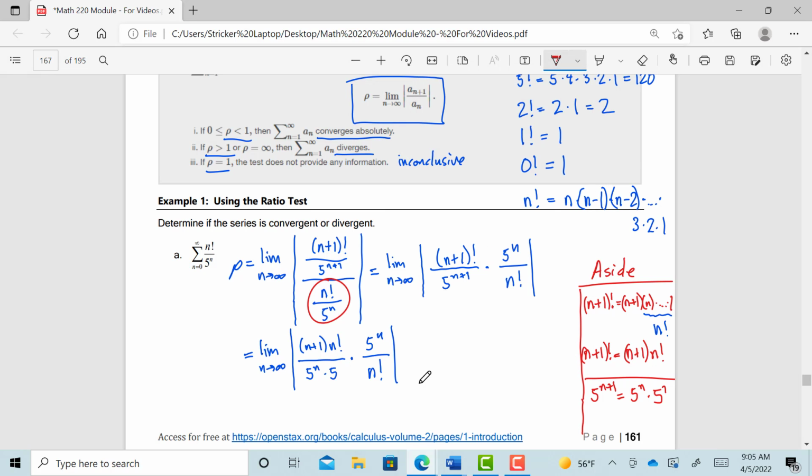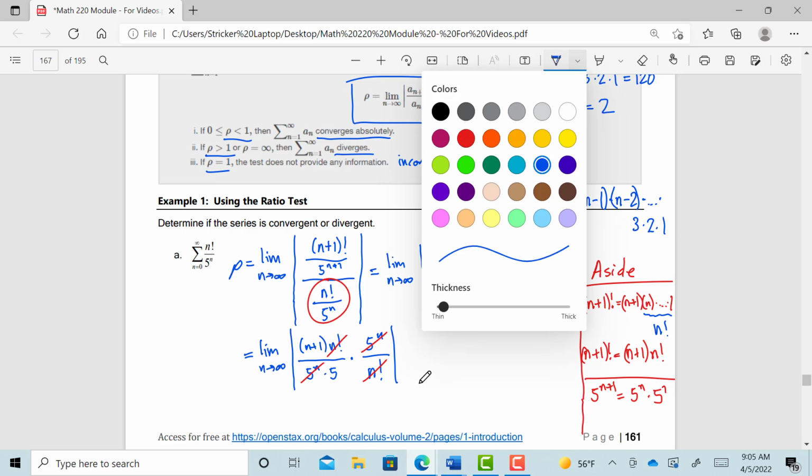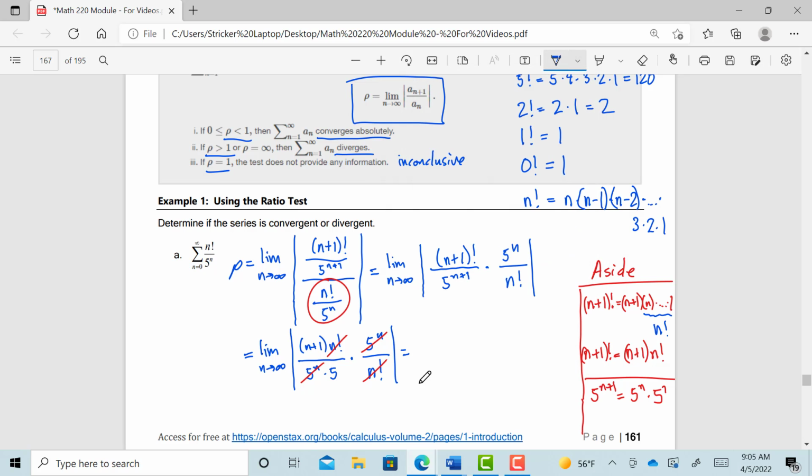So we have n factorials will divide out, and we have 5 to the n's that divide out. So what we're left with is the limit as n approaches infinity of the absolute value of n plus 1 over 5. And if we let n approach infinity, this is going to basically be infinity on the top over 5, which is infinity. So rho is infinity.